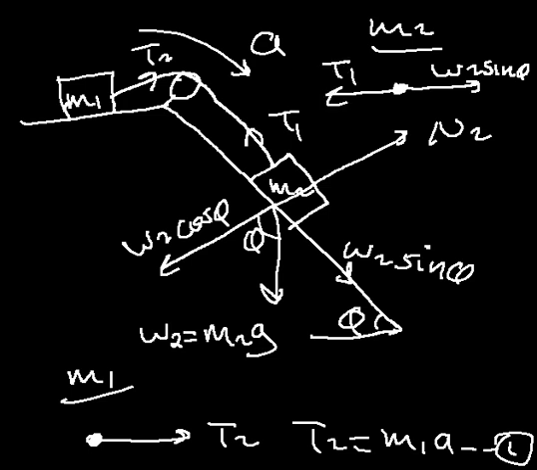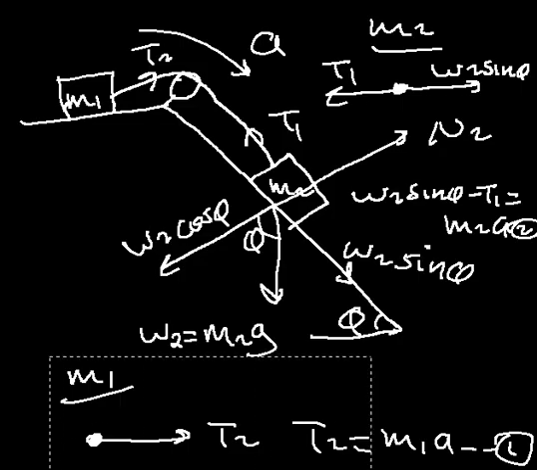According to Newton's second law of motion, we have W2 sin theta minus T1 equal to mass 2 times acceleration. This is equation number 2.